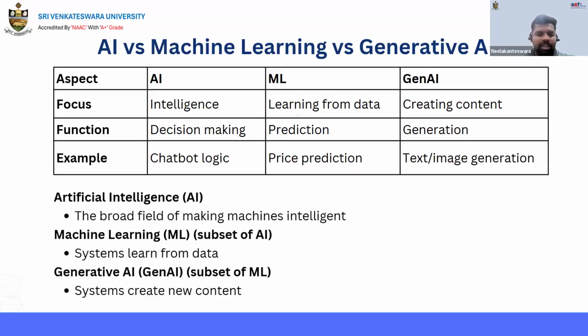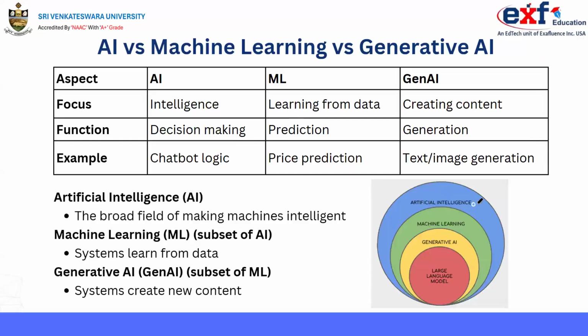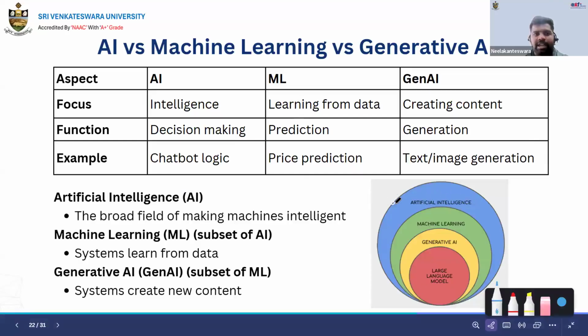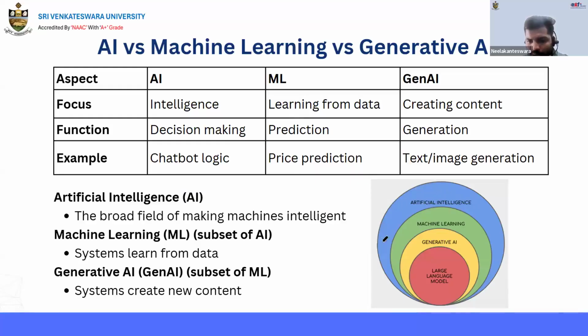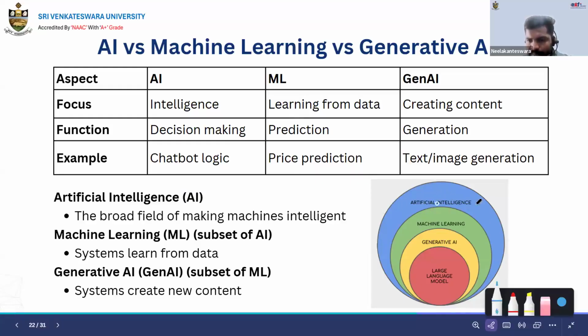In simple terms, AI is a broad field of making machines intelligent. Here you see the larger circle that represents artificial intelligence.